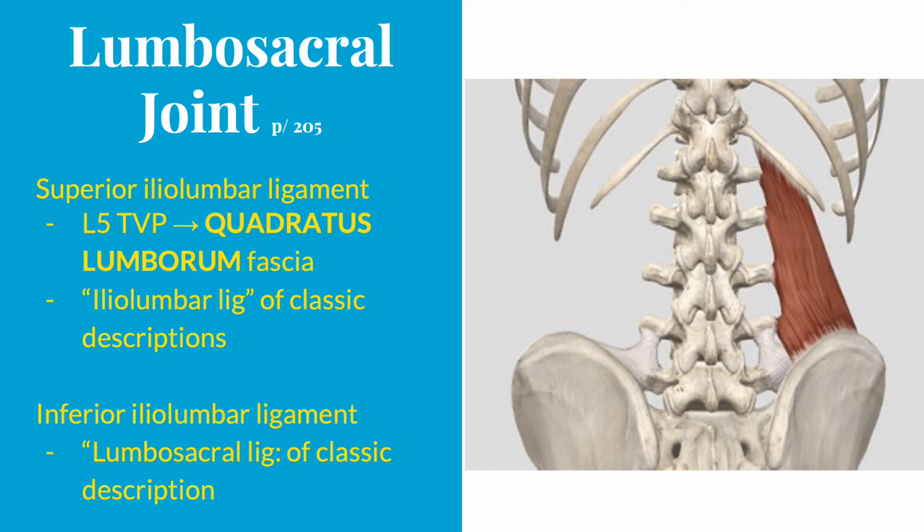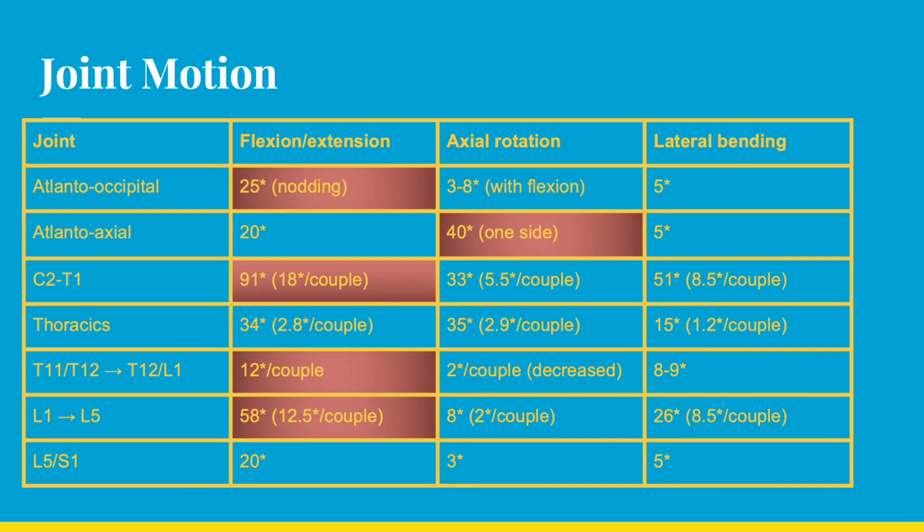That is a very classic TQ, but he might also ask you which one is the iliolumbar ligament of the classic description. And the other one that's commonly tested on is the inferior iliolumbar ligament. That one is the lumbosacral ligament of classic description. That's just, I guess, putting together new information with old information.